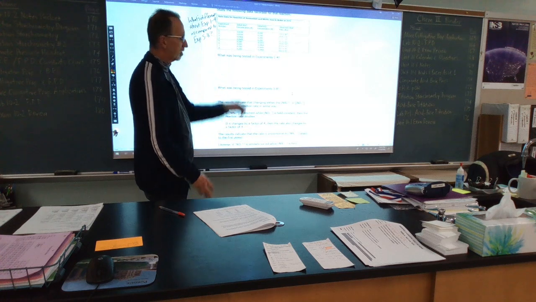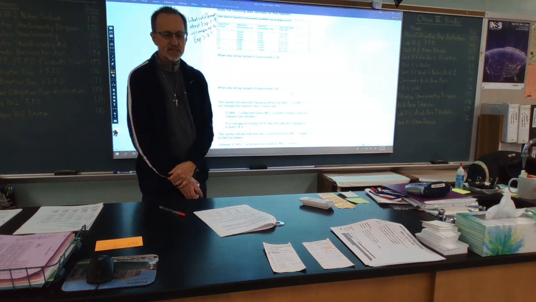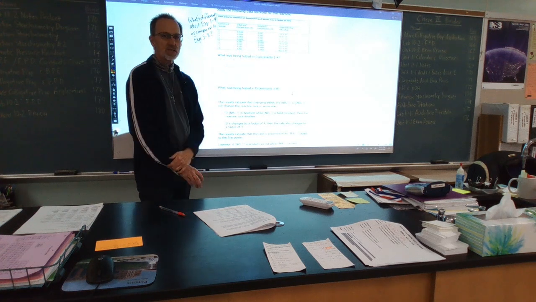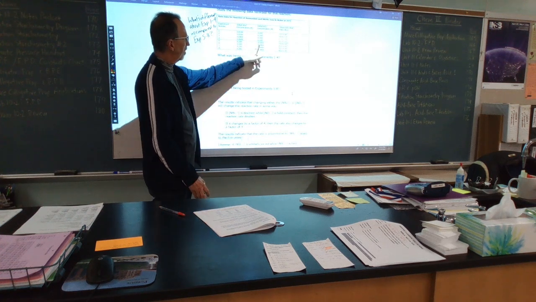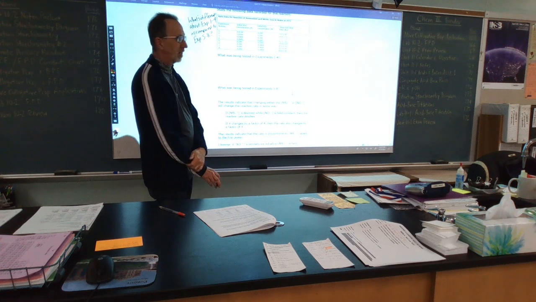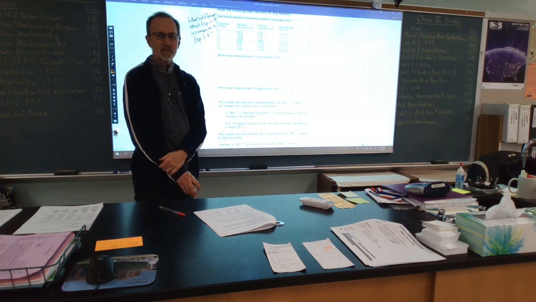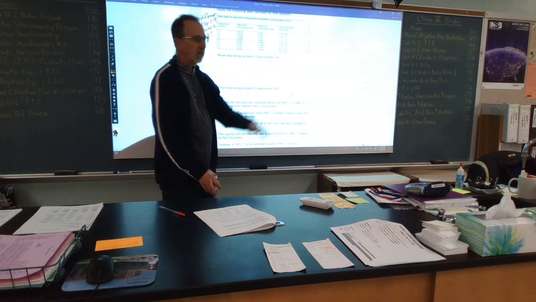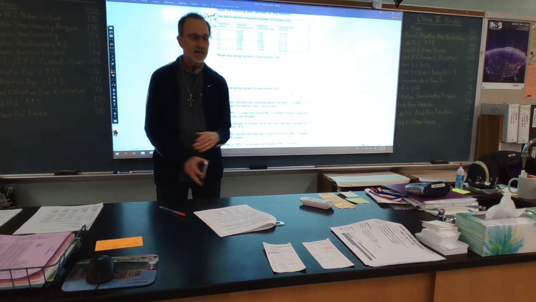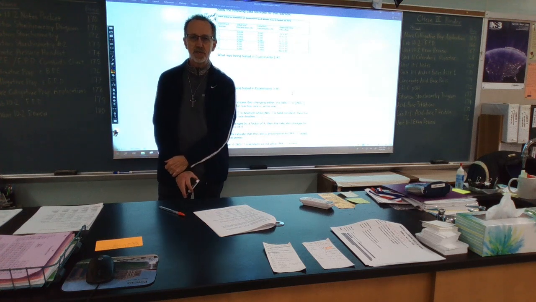And in experiments 5 through 8, we have just the opposite. Here we kept the ammonium ion concentration the same. We increased the concentration of the nitrite ion in each of the experiments 5 through 8. And again, the rate of the reaction increased. Again, we would expect that with an increase in concentration.